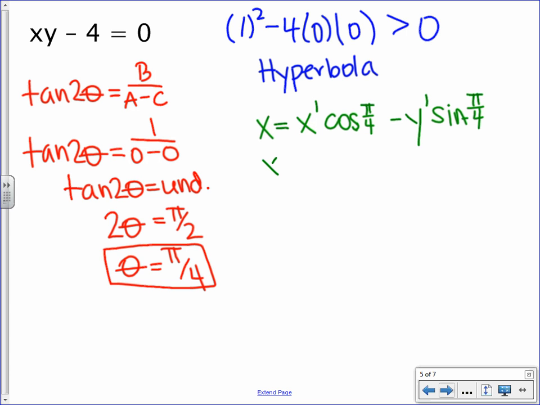So our x variable is, what's the cosine of pi over 4 again? Radical 2 over 2 x prime minus, what's the sine of pi over 4? Radical 2 over 2 y prime.